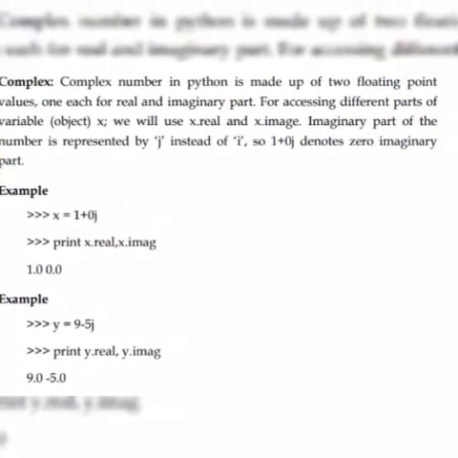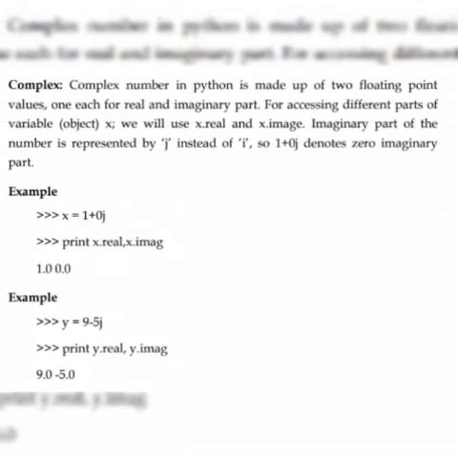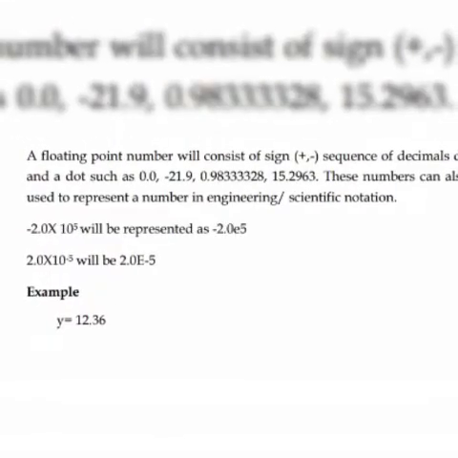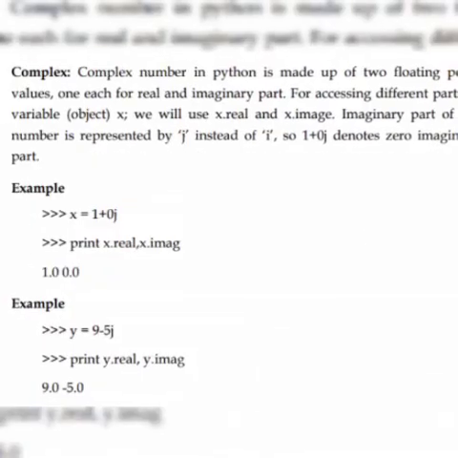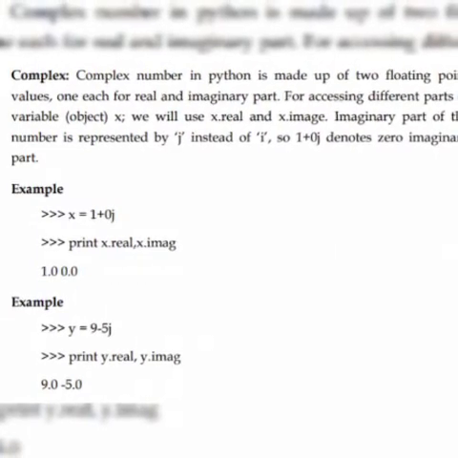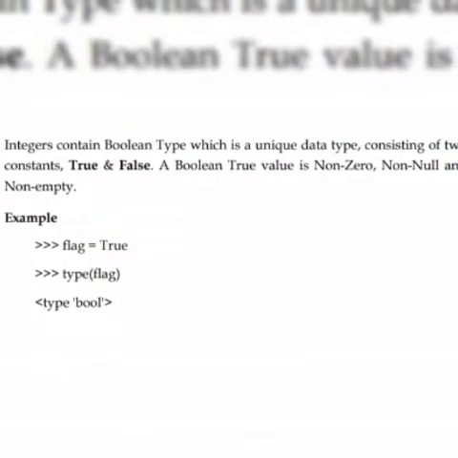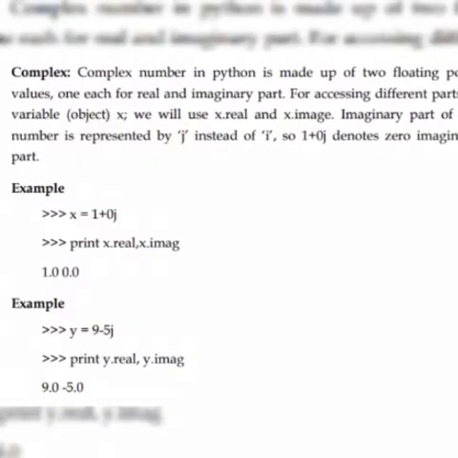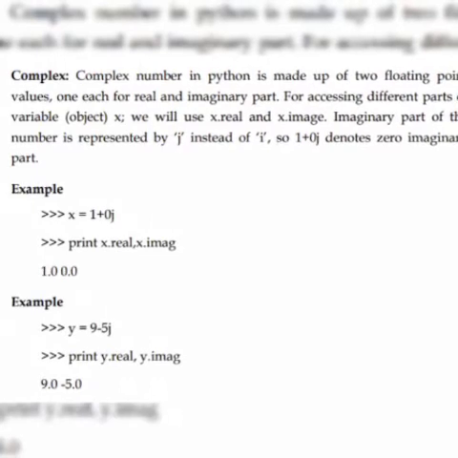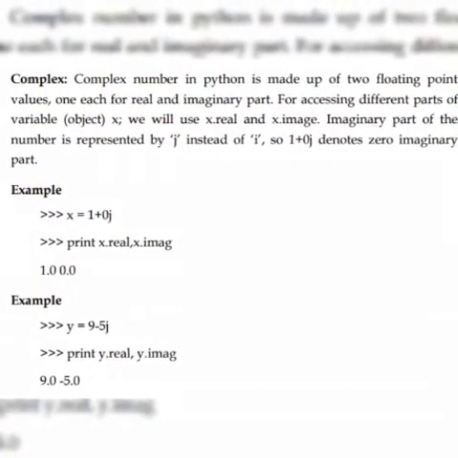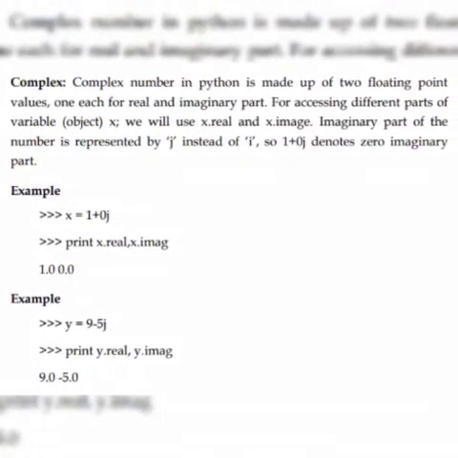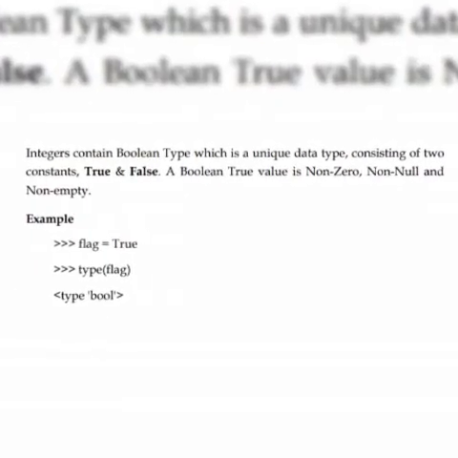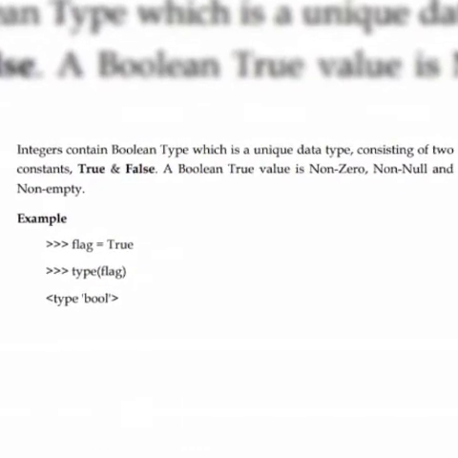Then we have another one, that is floating point. Floating point is a type of number data type, and these are the fraction or decimal point numbers which are held in a floating point number. A floating point number can have a positive sign and a negative sign as well, and there is always a dot between the decimal digits.